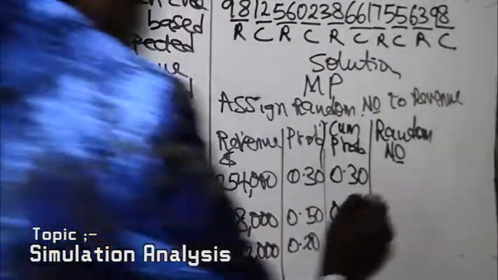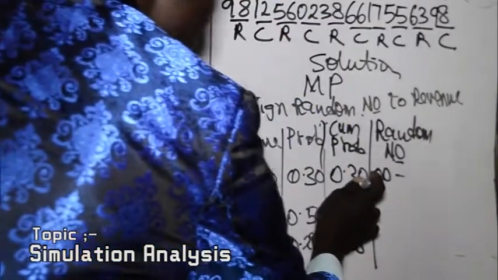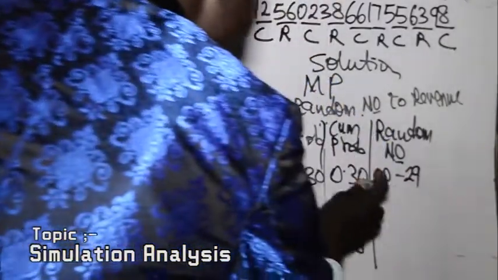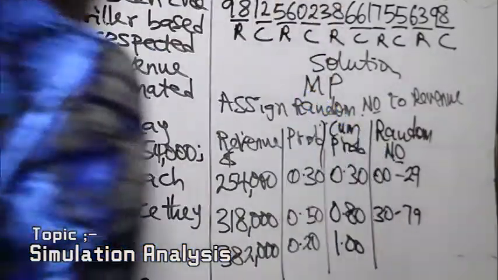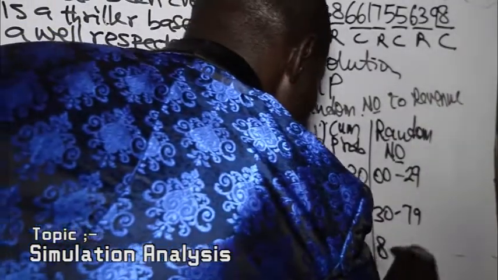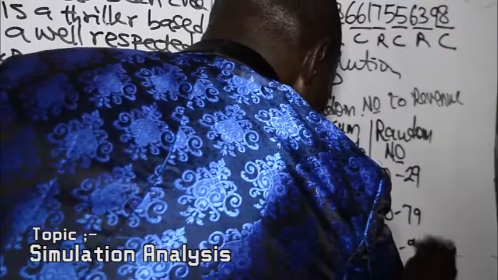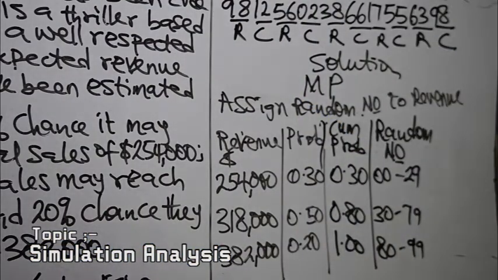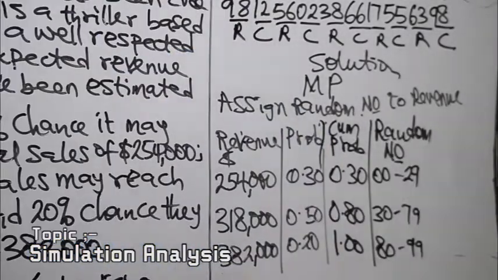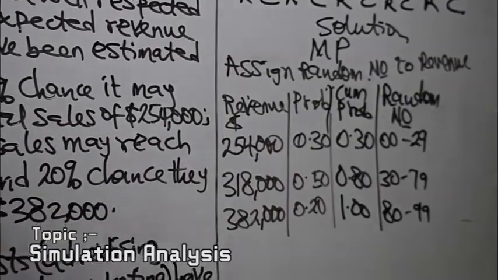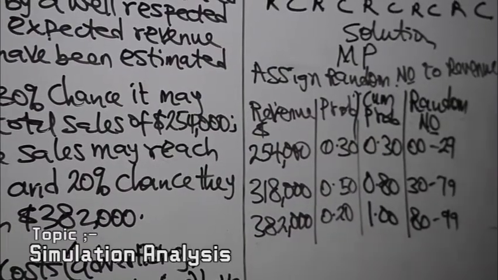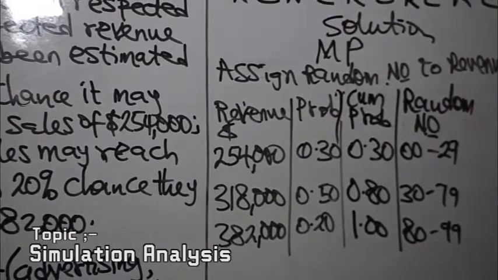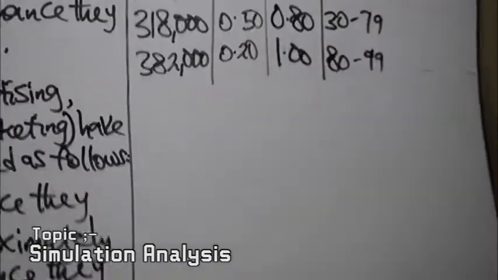You start from 0, and decrease 30 by 1, so you have 29. The next one starts from 30, and you decrease 80 by 1, so you have 79. Then the next starts from 80, and you decrease 100 by 1, so you have 99. That is our random number range. Having assigned the random numbers to our revenue, the next thing is our forecast revenue.